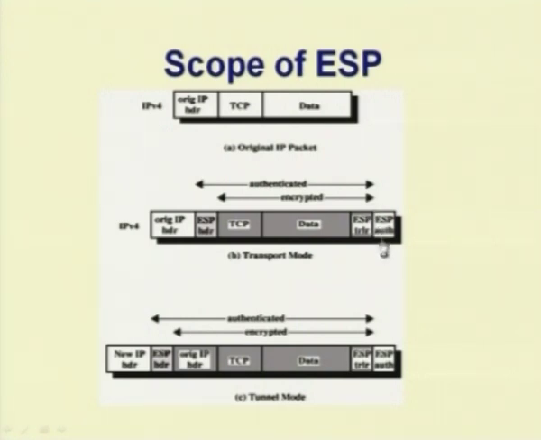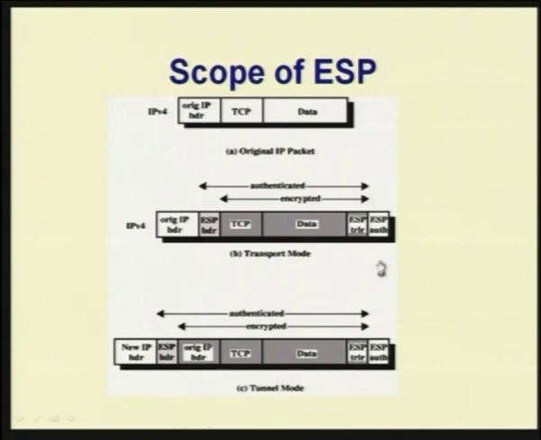The purpose of this ESP authentication field is to ensure that this ESP information is authenticated. So, encryption and authentication is provided in what is referred to as the transport mode of operation. Here you have the entire ESP packet carried as a part of the IP data, in the IPv4 protocol.